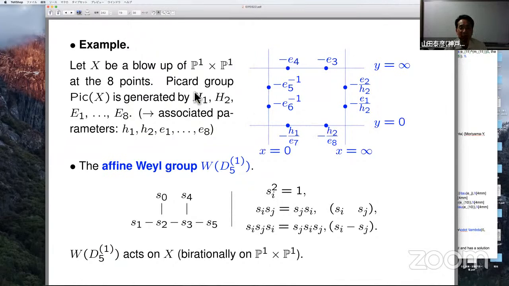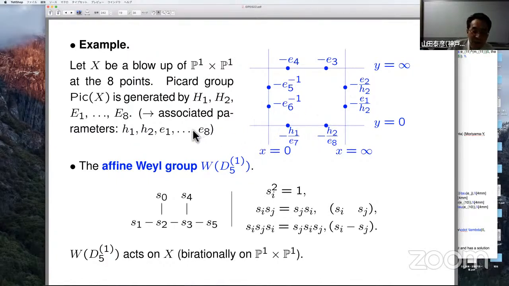And the Picard group of this surface is generated by the horizontal lines and vertical lines, and 8 exceptional curves, which appear by blowing up the 8 points.